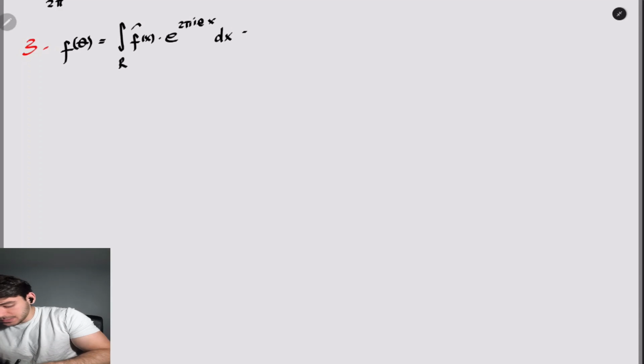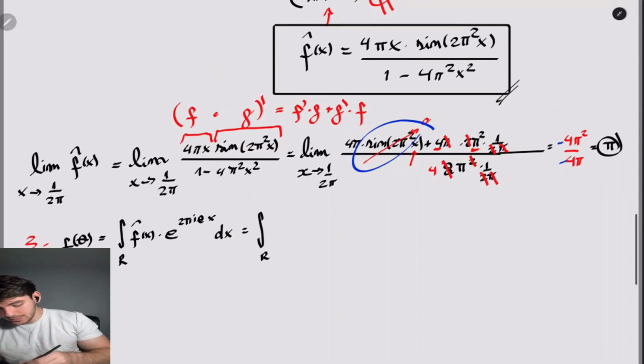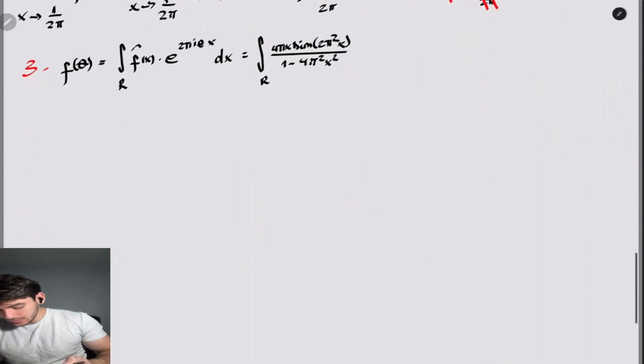So let's expand this. We'll have the integral over the real numbers. The f of x that we've calculated here is 4 pi x sine of 2 pi squared x divided by 1 minus 4 pi squared x squared, times the exponential.